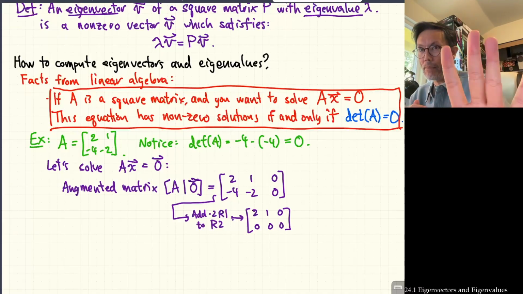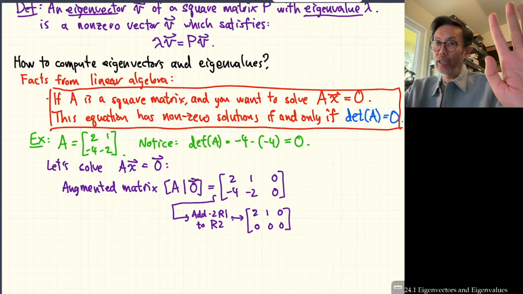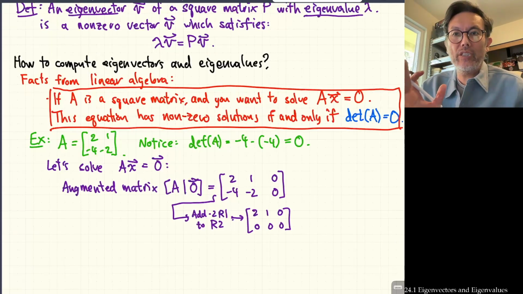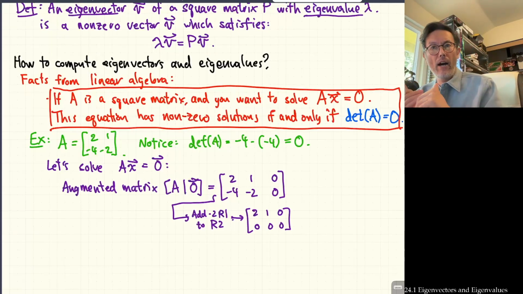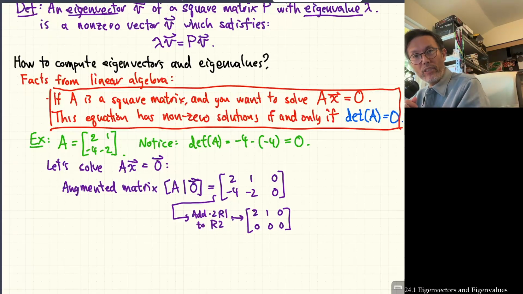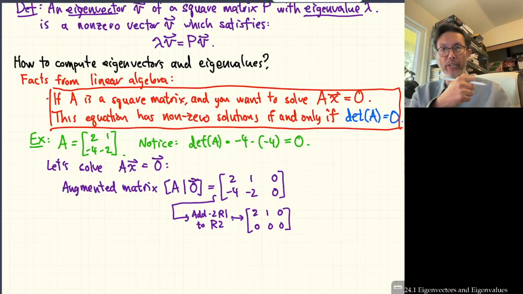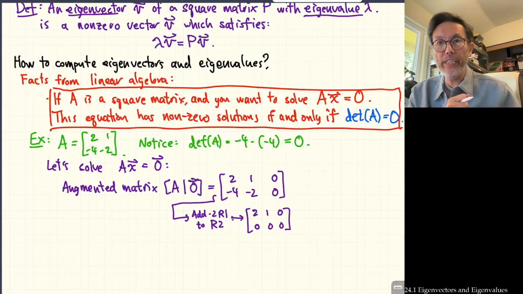Remember, when you apply elementary row operations to a matrix, you do not change the solution set of the associated linear system. So I can go from the matrix I got after one row operation and reinterpret it as a linear system.